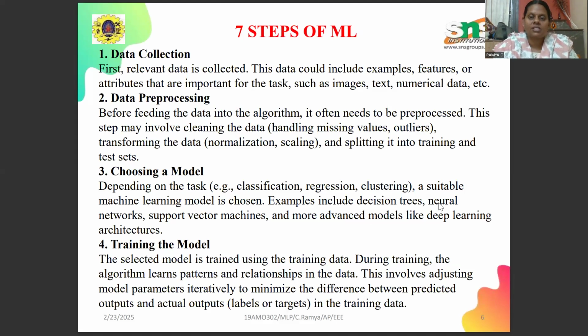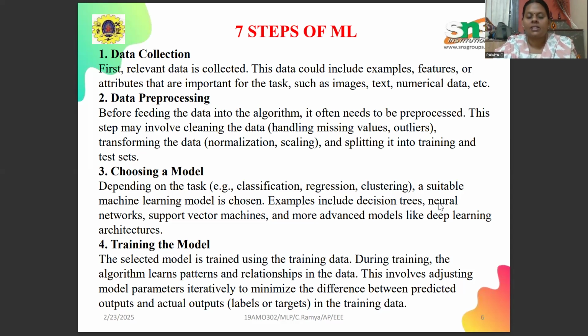First one is data collection. We are collecting the data. Here they have mentioned examples also. We can collect the data in terms of images, text, numerical values, those things. Next, we deal with data pre-processing. Again, we can clean the data here, and if we want, we can do normalization as well as scaling.